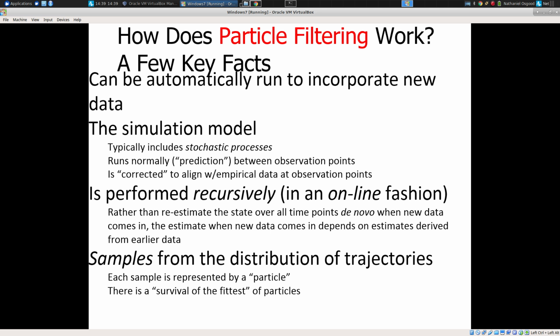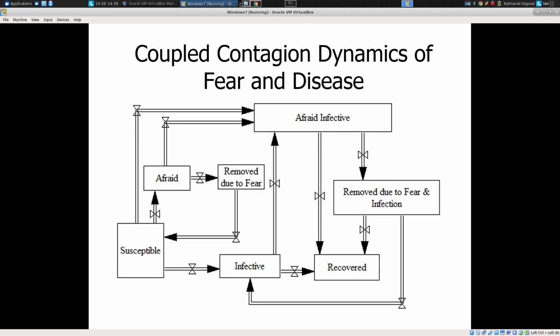But it's a distribution of trajectories. So some trajectories are viewed as more likely than others over time. And there's the survival of the fittest that makes this possible. This is particle filtering. I'm trying to explain it at an intuitive level. Li Xiaoyan will show you some examples with it.